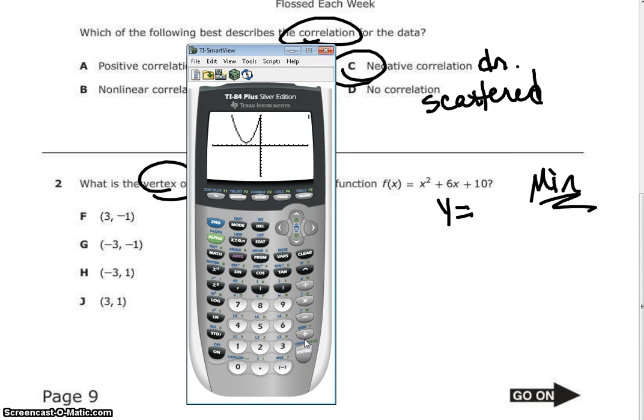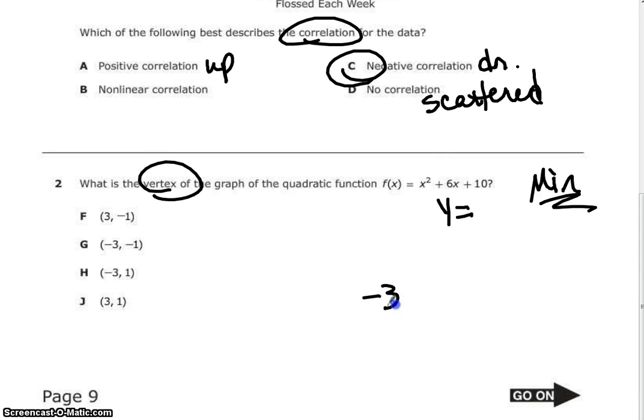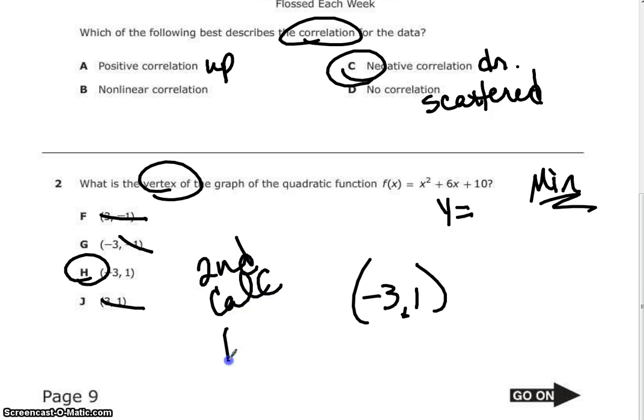Enter, enter. May have to do a little bit of rounding. This is actually -3, 1. And so it's not that one, it's not that one, it is that one, it's not that one. So you have to go second, calc, min for this.